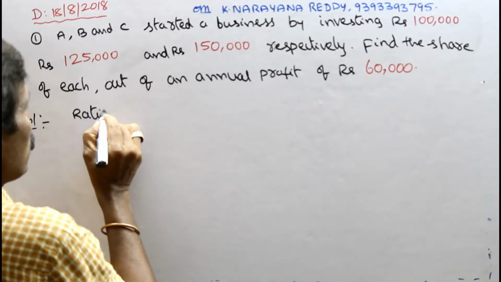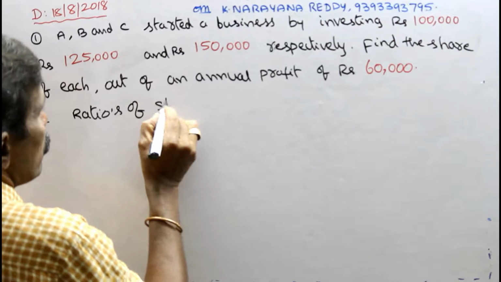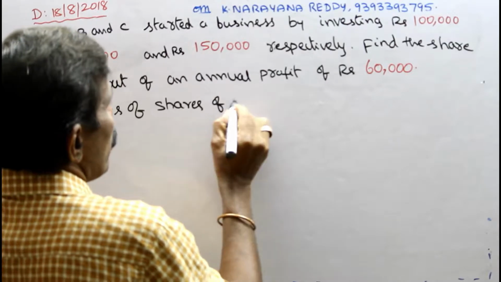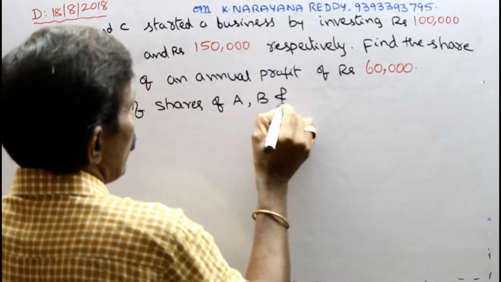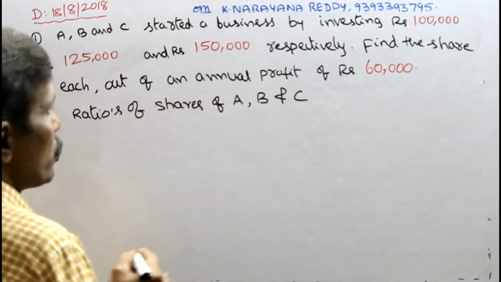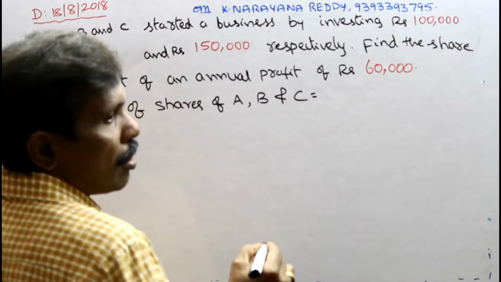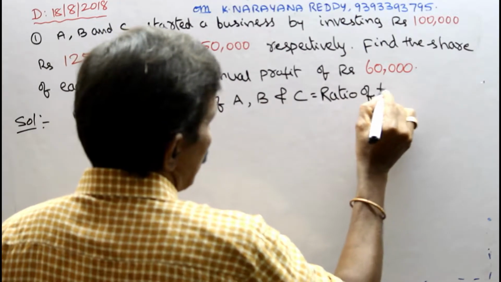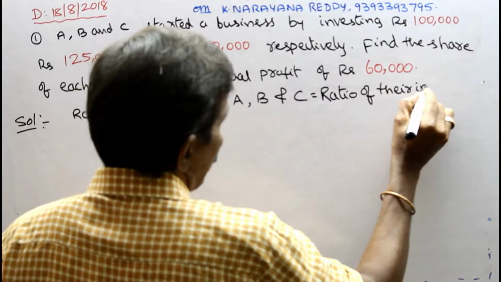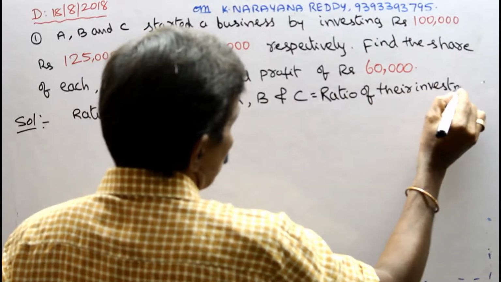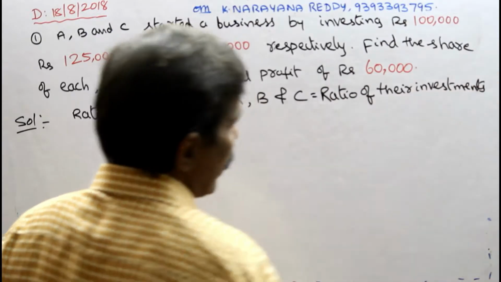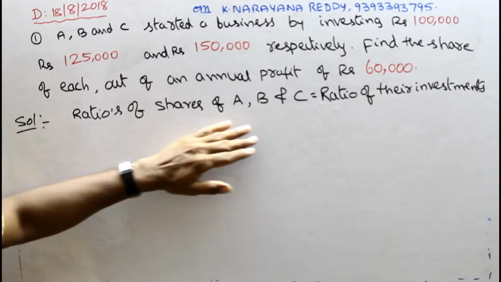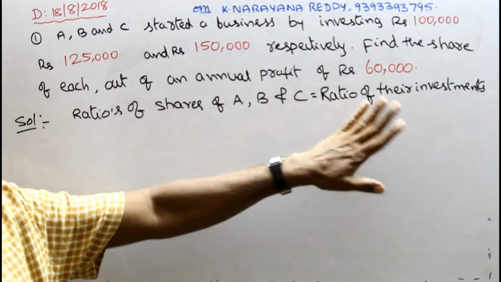The ratio of shares of A, B and C equals the ratio of their investments. This is important.